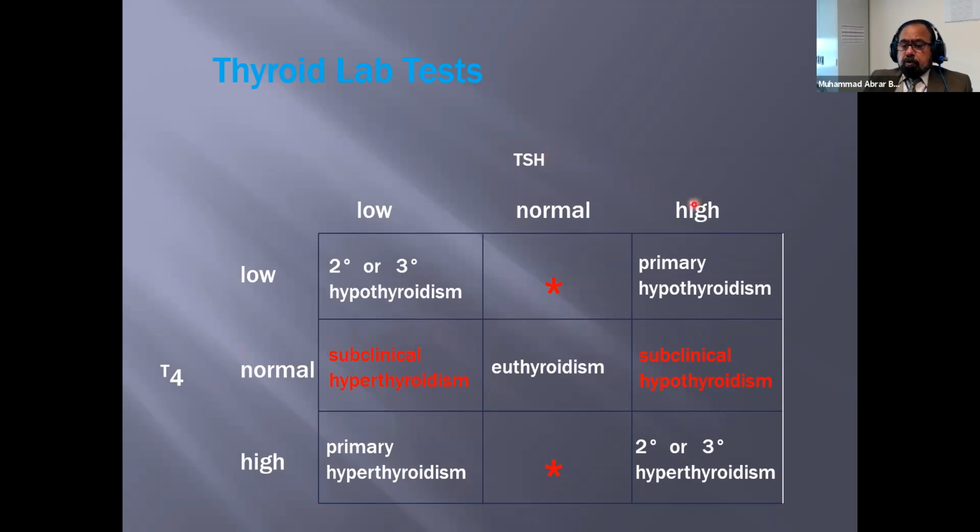In subclinical hypo, they are secreting more TSH, but the thyroid is not giving up the thyroid hormone. And if TSH is low but the thyroid is still producing hormone, it is called subclinical hyper. So there is a slight increase or slight decrease in T4 level in these patients. I hope you have understood all this.